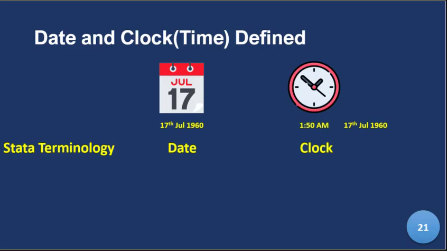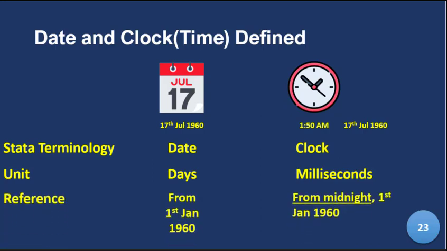Another thing to note too is that Stata recognizes dates in a unit called days. So whenever you do your conversion, what you are seeing is days. But clock recognizes milliseconds. The value you'll be seeing, especially in numeric form, is milliseconds. That is a second divided by 1,000. Very important thing to also establish is the reference point.